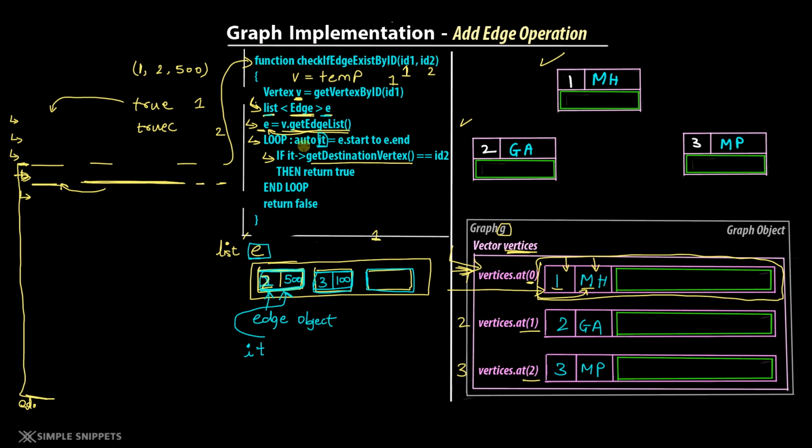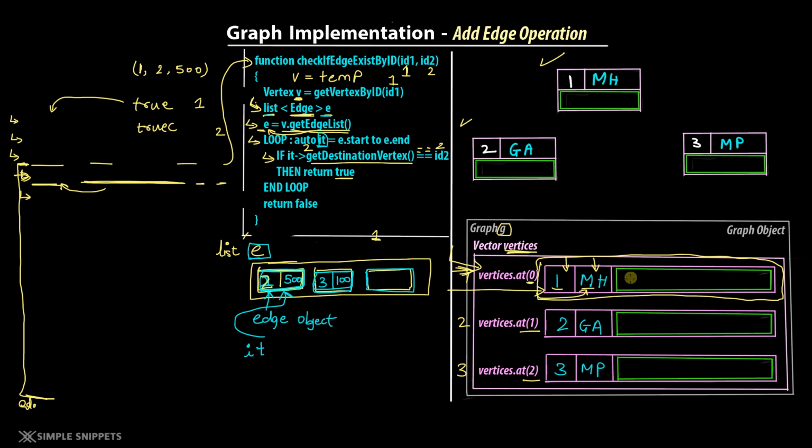Okay, so 2 will be returned over here. We will check whether it is matching with id2. id2 is nothing but 2. So if this is equal, what it would mean is that we are returning true. So we say then return true, and this check if edge exists by id will return true, which means that there exists an edge between id1 and id2.